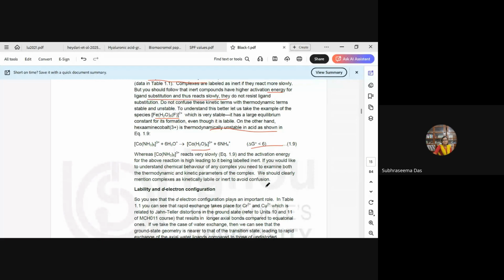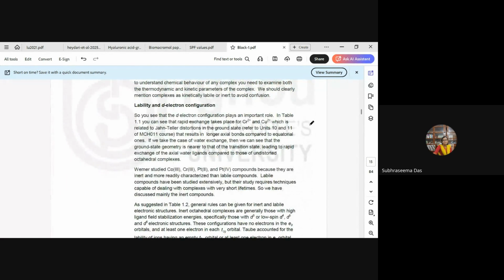When we are talking of inorganic complexes, the d electronic configuration is very crucial, because we have seen in the previous case that the electronic configuration affects the rate constant. There is a direct relationship: the d electron configuration and lability are influenced by each other.